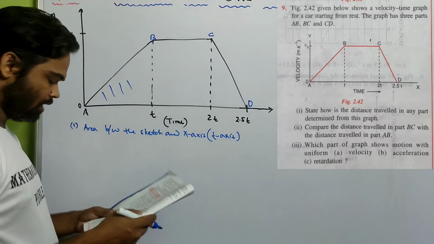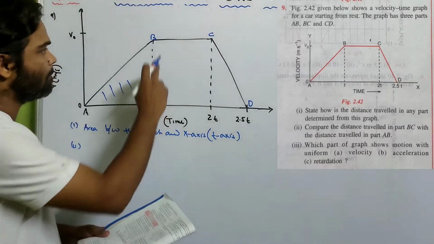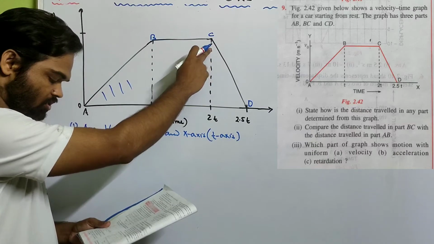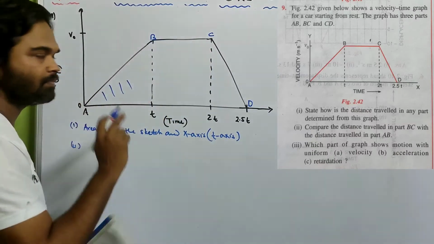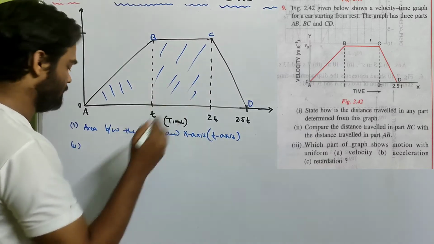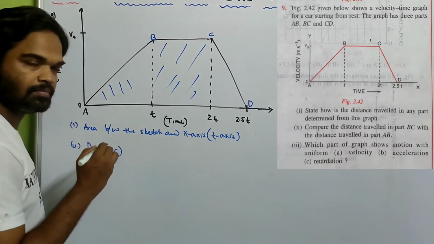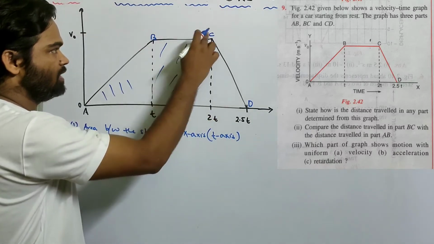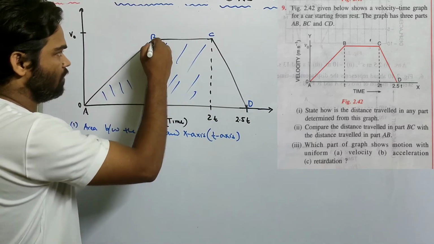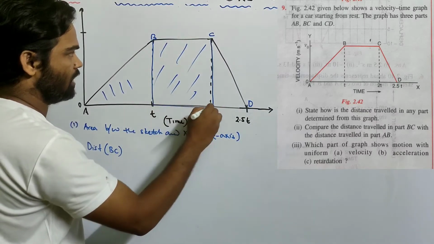Number 2. Compare the distance traveled in part BC with the distance traveled in part AB. First, look at the distance traveled in part BC. The area of BC looks like a rectangle.